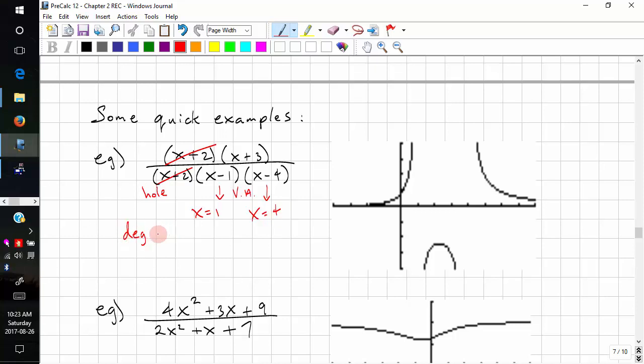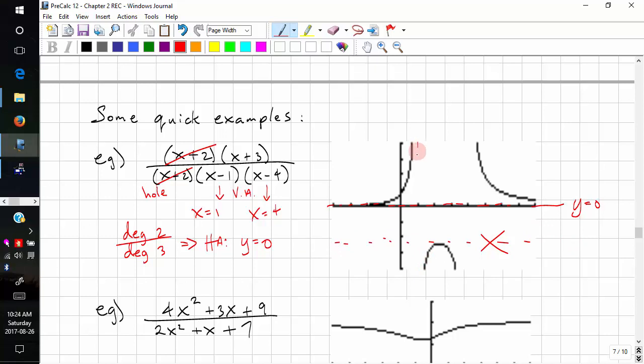Degree of the numerator is 2, degree of the denominator is 3, so that implies that our horizontal asymptote is y equals 0. So if we look at this, we can see that the curve approaches y equals 0. It would be incorrect to say that this is a horizontal asymptote. That's wrong, because the values don't approach here at infinity.